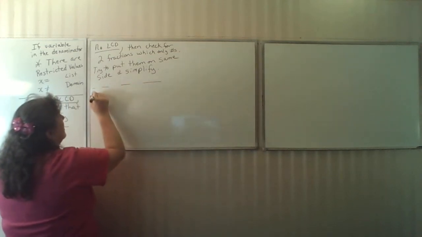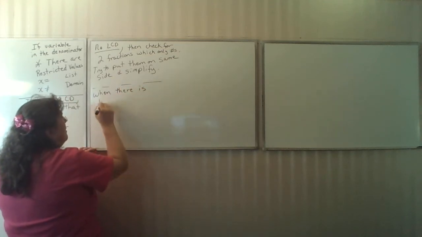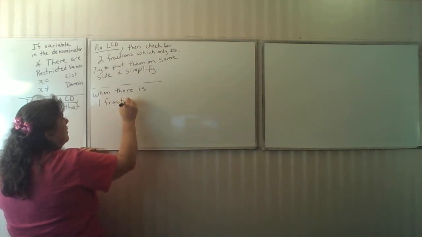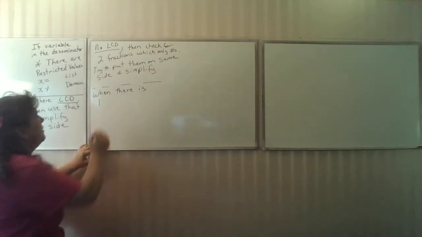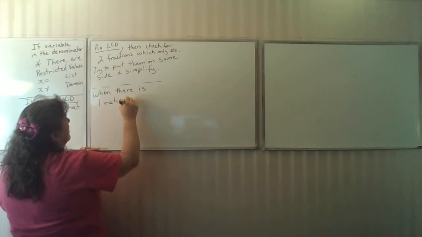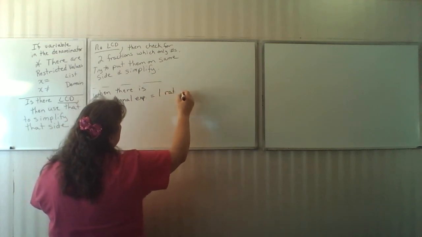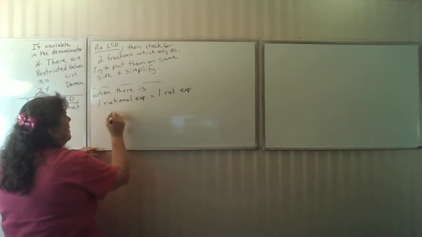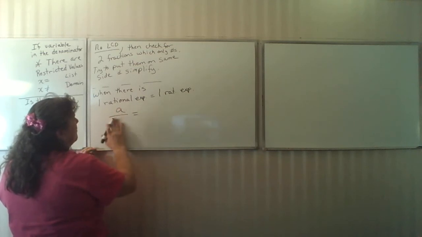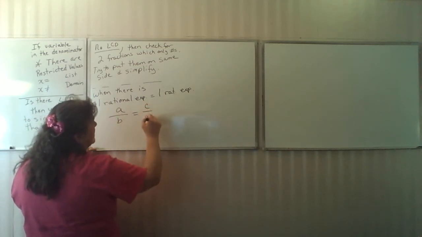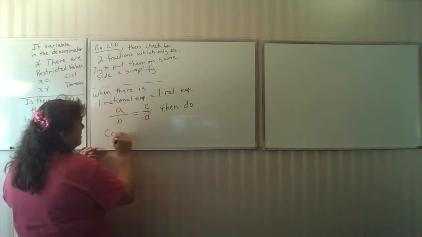And finally, when there is one fraction or one rational expression, let's use rational expression, one rational expression equal to one rational expression of the form A over B is equal to C over D, then do cross products.